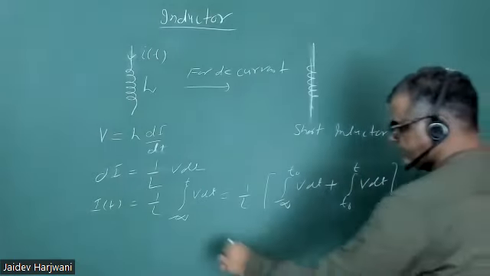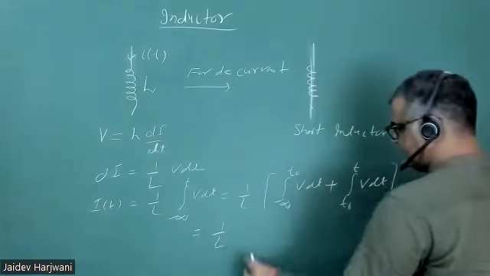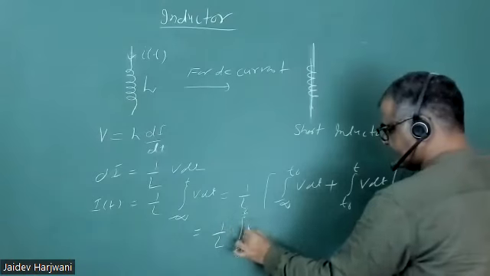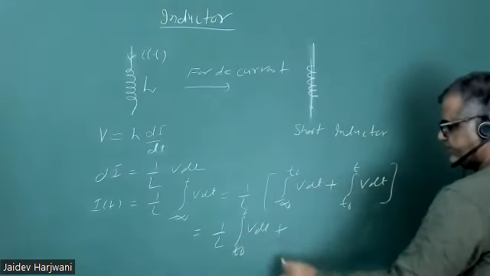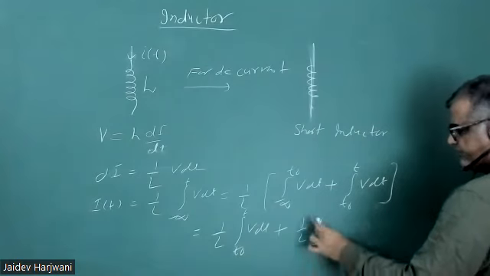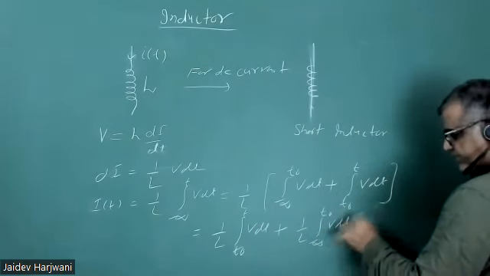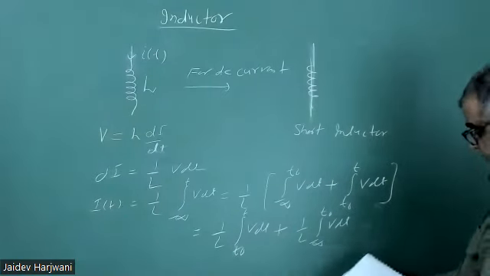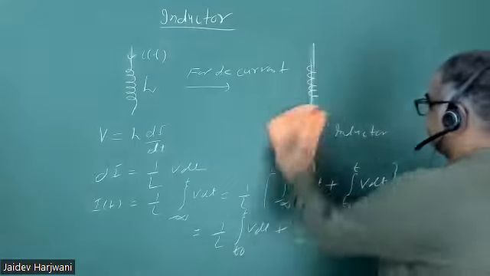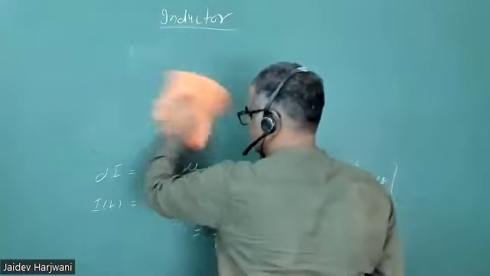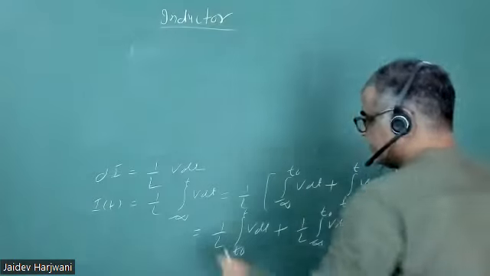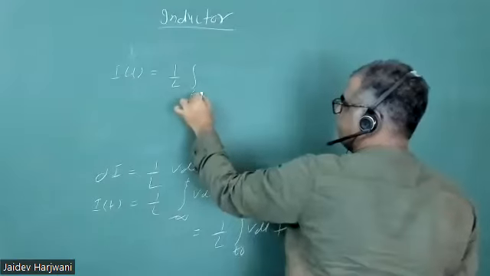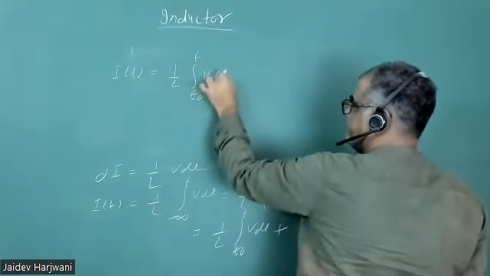Now you can write 1 upon L, integration from t0 to t of v dt, plus 1 by L, minus infinity to t0 of v dt. Now here, it is 1 upon L, t0 to t of v dt.